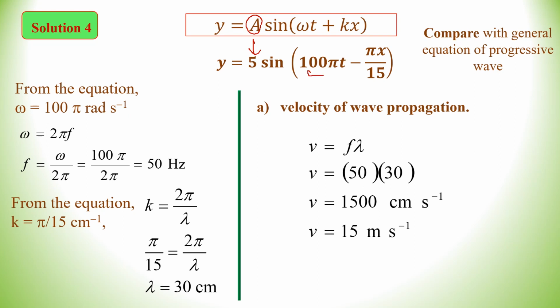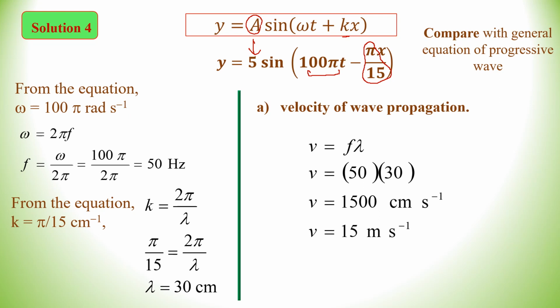Omega is 100 pi radian per second. Wave number is equal to pi over 15 radian per meter.